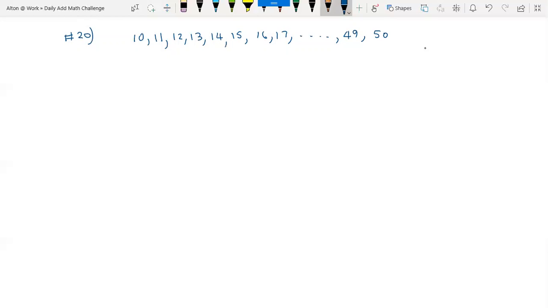Now, we want the sum of the odd integers or the odd numbers. So let's underline or circle those numbers that we would like to have the values of: 11, 13, 15, 17, all the way down to 49.